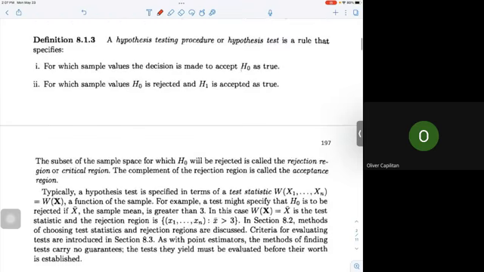The subset of the sample space for which the null hypothesis will be rejected is called the rejection region or critical region, while the complement of the rejection region is called the acceptance region.